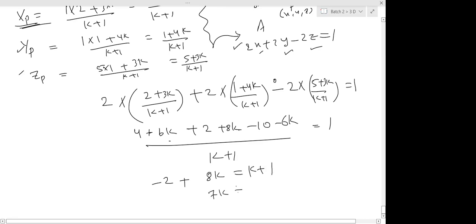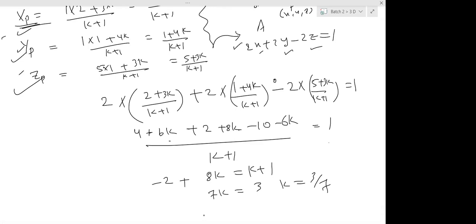So 7k equals 3. So k equals 3 upon 7. Now put the value of k in the equations for xp, yp and zp. We'll get the coordinates. Is it clear? Peer, is it clear?